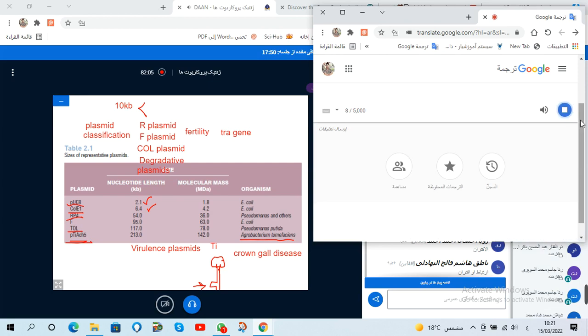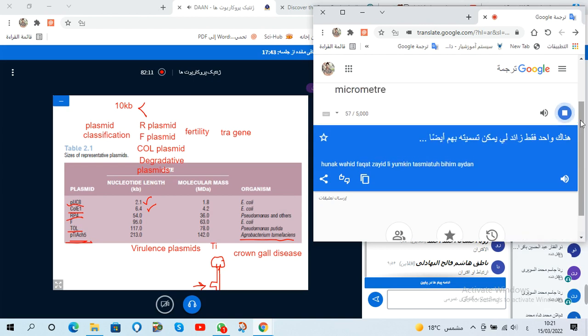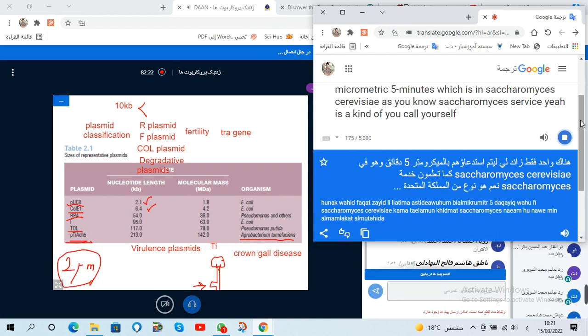There is just one plasmid. We call it the 2 micrometer plasmid, which is in Saccharomyces cerevisiae. As you know, Saccharomyces cerevisiae is a kind of eukaryote cell.